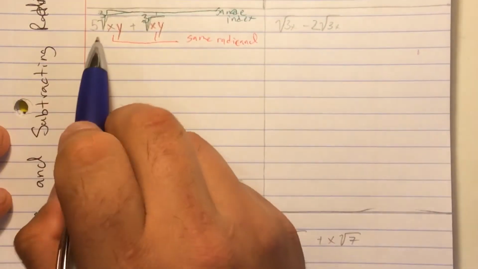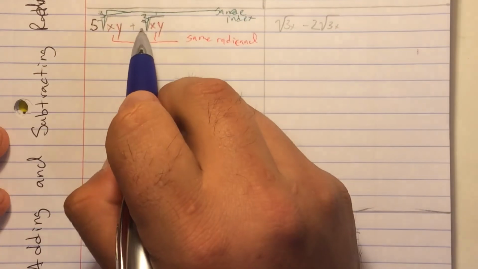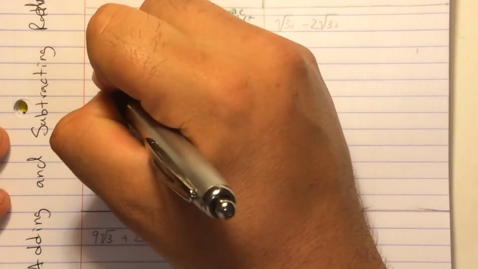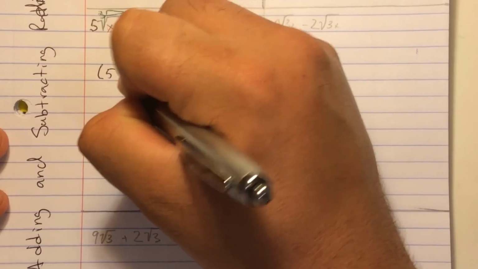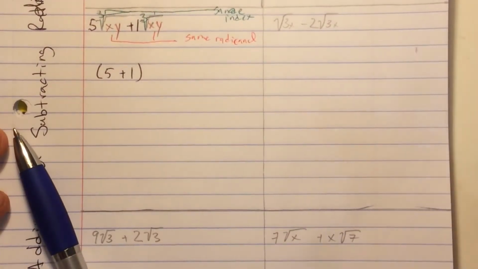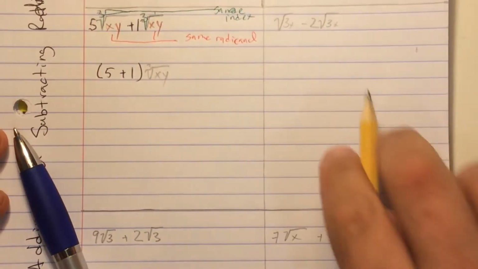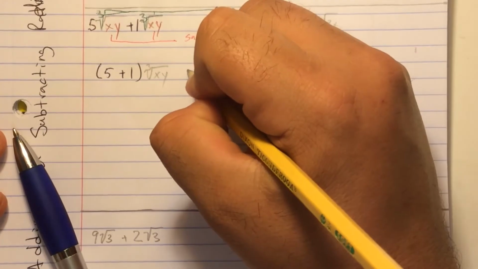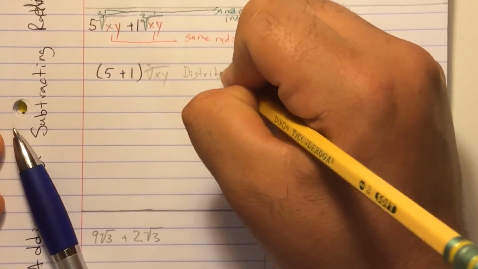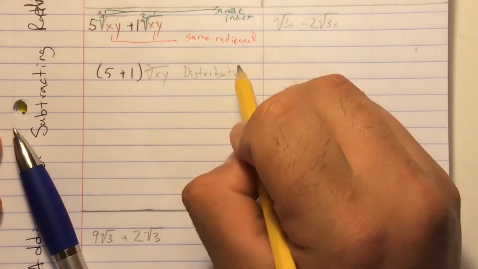So we're going to look at the coefficients we have in front of these. We have a 5 here, and if there's nothing in front, we can always put a 1. And then we're going to do our distribution, which was our 5 plus our 1. Okay. And we're going to add our cube root of xy. And remember, we can do this because of the distributive property.